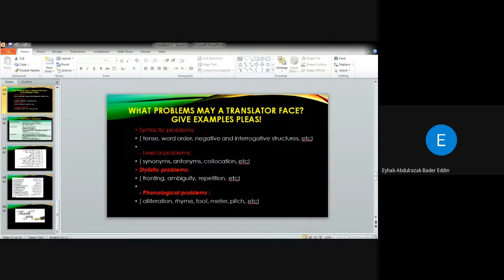Have a look at this example. Sam is a friendly neighbor. If we want to translate this word for word, then we say Sam يكون ودودا جارا. As you see, each word is given its meaning just beneath it or over it.